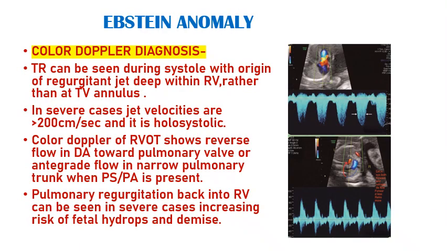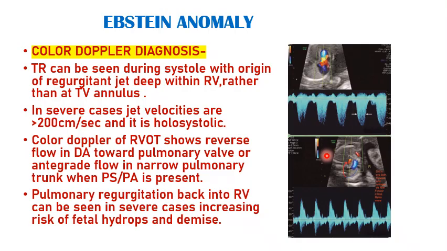In color Doppler, TR can be seen during systole with origin of the regurgitant jet deep within the right ventricle rather than at the tricuspid valve annulus. In severe cases, jet velocities are more than 200 cm per second and it is holosystolic.